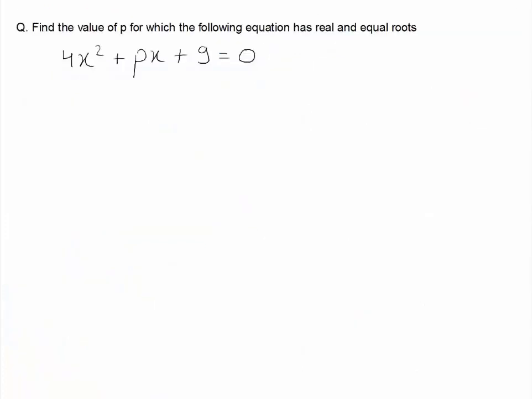So let's say we are supposed to find the value of p for which this equation has real and equal roots. So for real and equal roots, we saw that the discriminant of this quadratic equation must be 0. So let's identify a, b and c.